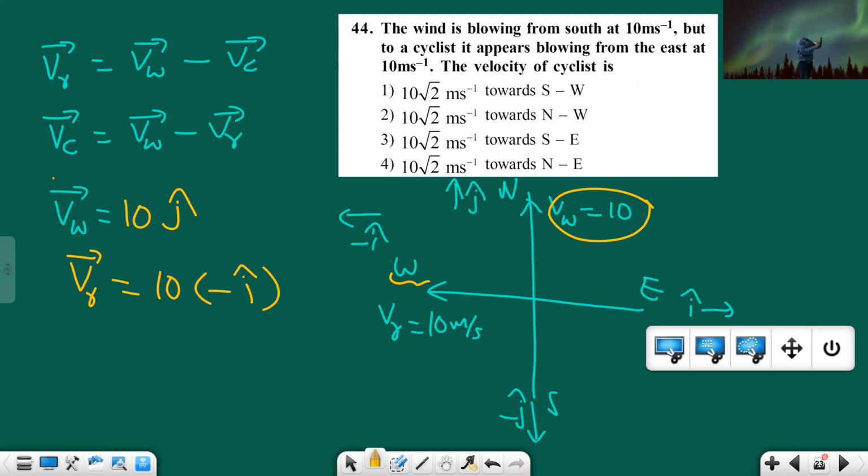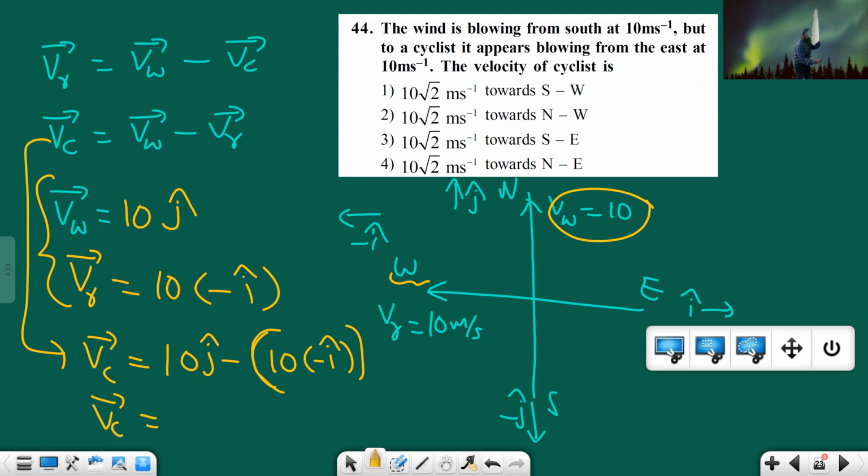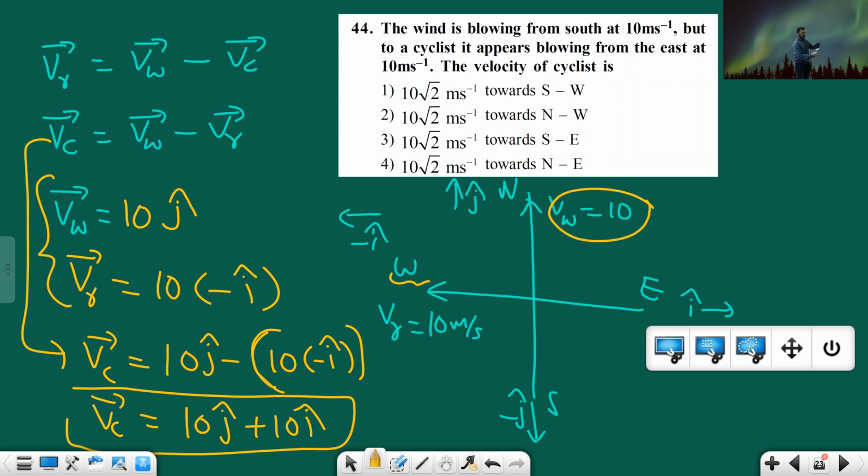Let us substitute these two in the VC bar formula: 10 J cap minus of 10 into minus I cap. Minus of minus is plus, so I can write it as 10 J cap plus 10 I cap. This is the value of VC bar. This is one method of solving.